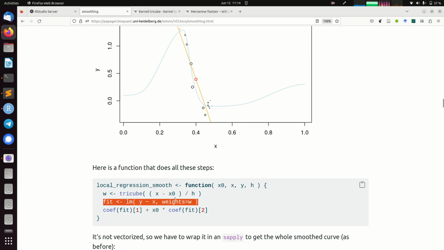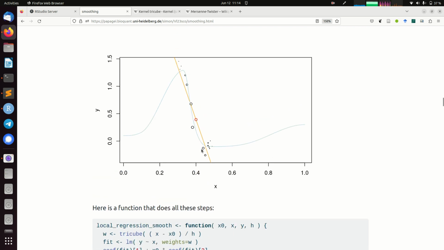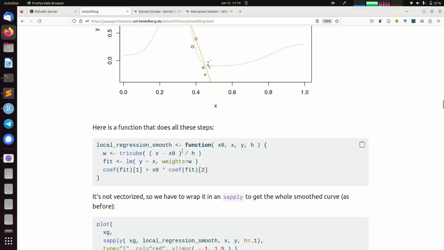And as you can see, LM takes this weights argument. But then I don't use the whole line. I only use the single fitted value where the line is at the center of the curve. So I take my intercept and my slope, multiply it with only x naught to get the y value corresponding to the middle of the kernel, forget the rest, and I return this.